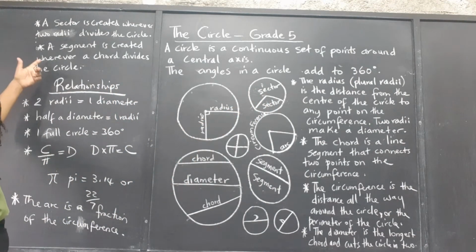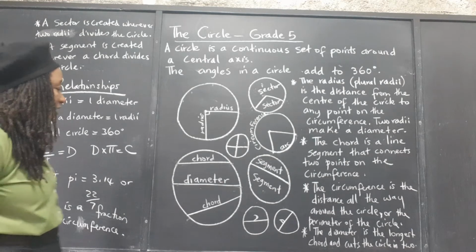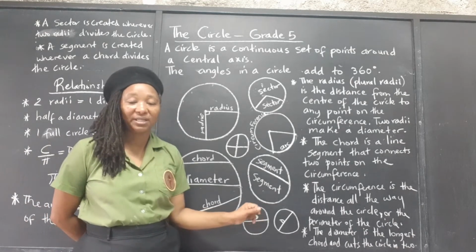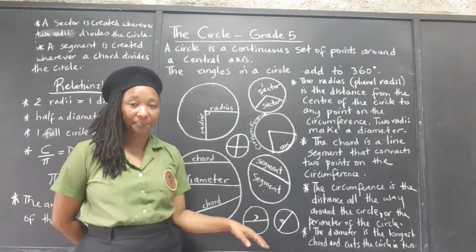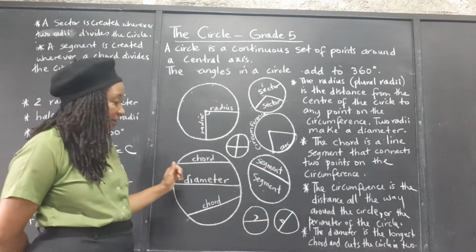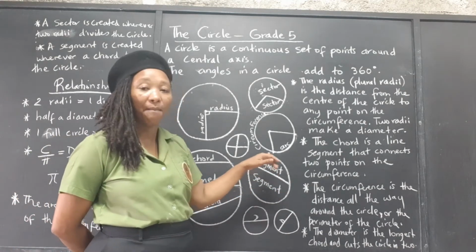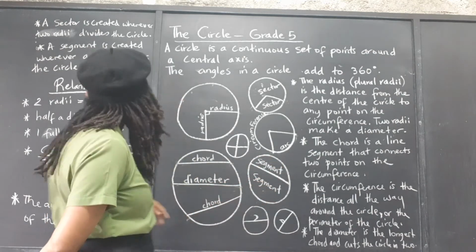And the segment is created wherever a chord divides the circle. Therefore, the diameter will divide the circle into two equal segments. Any other chord will divide the circle into a minor segment and a major segment.